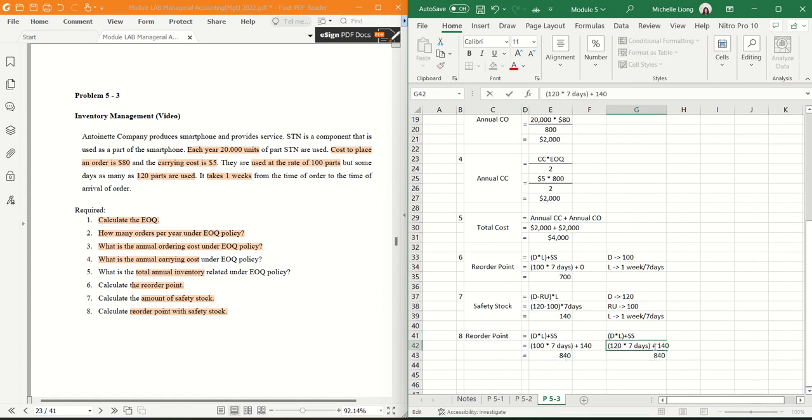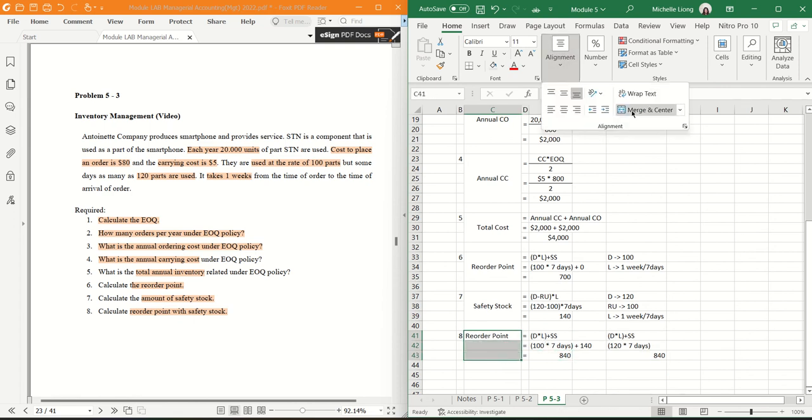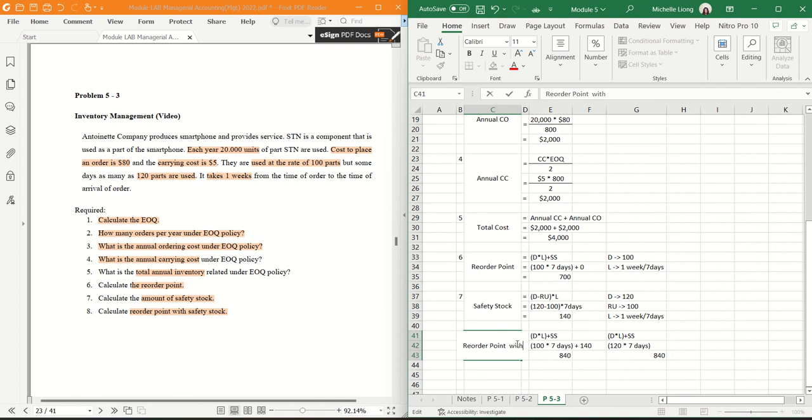It's using 120. So it's still the same, but I wouldn't recommend this. I recommend this one more. Okay, and we are done.